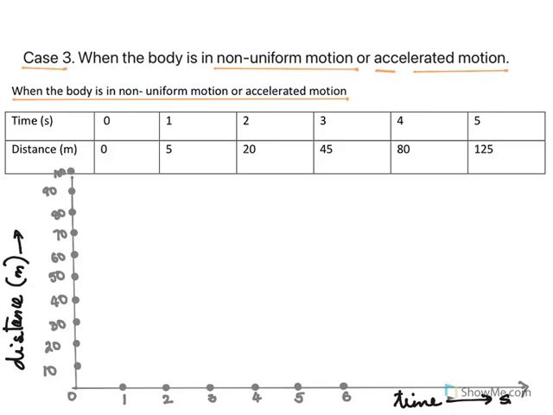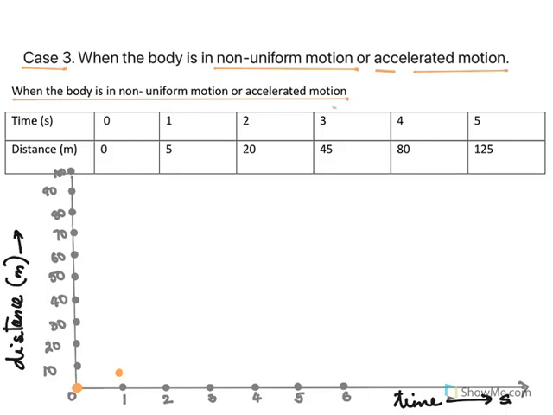It is measured in meters. For the first point, time 0, distance 0. So that point would be out here. Next, time 1, distance 5. So the point would be somewhere out here.